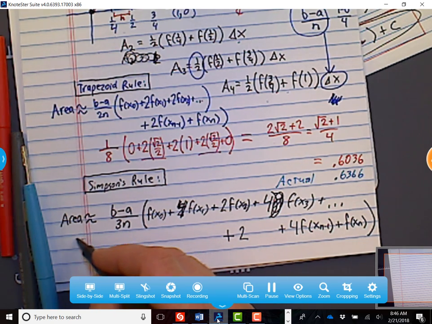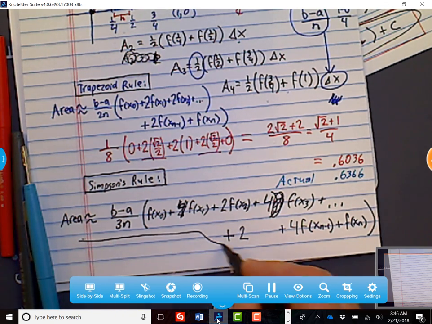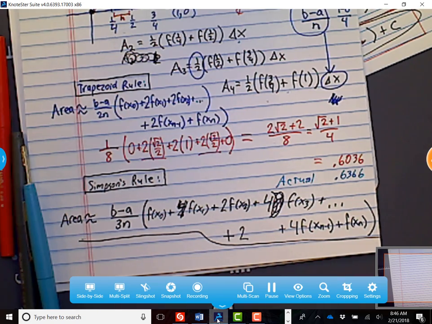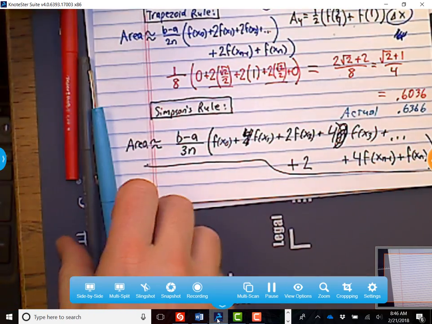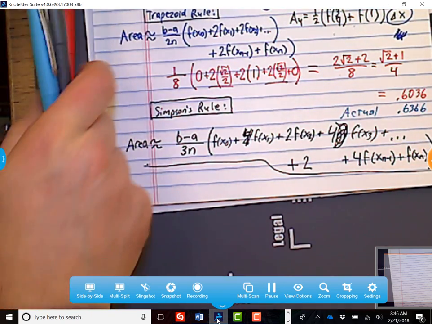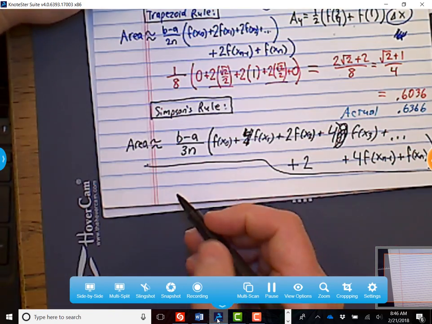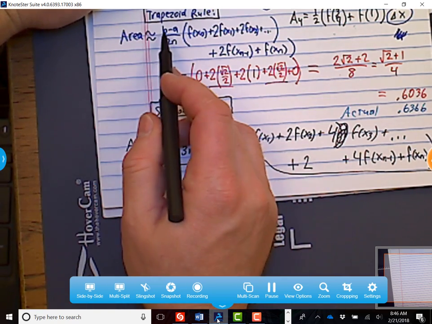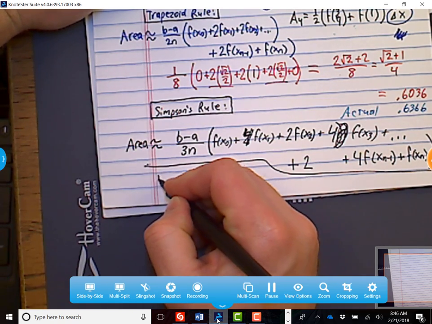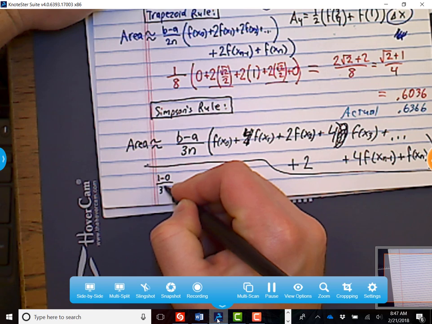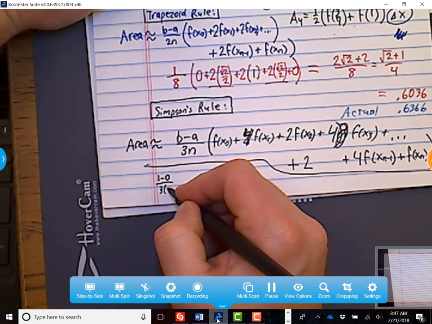So I'd like to try and do it for our example. I think I have just enough room left on the paper to compare to what we got before. Let's see. If we try to implement Simpson's rule for our example, okay, b minus a, 1 minus 0 over 3 times n was 4, right?